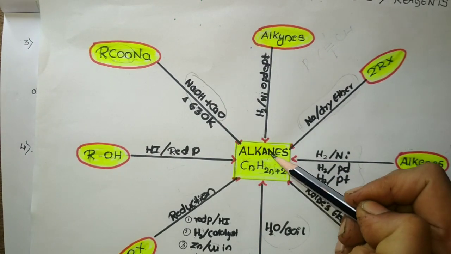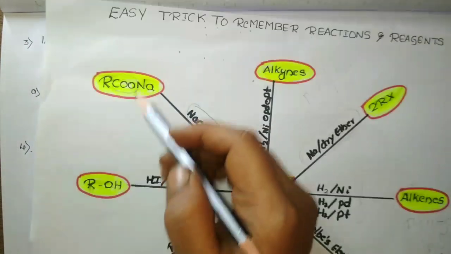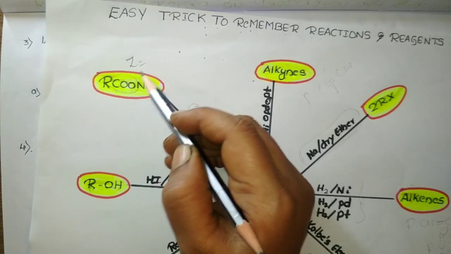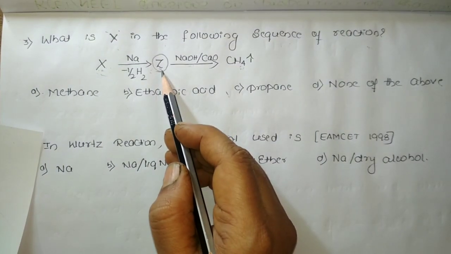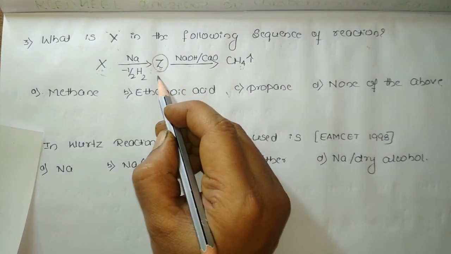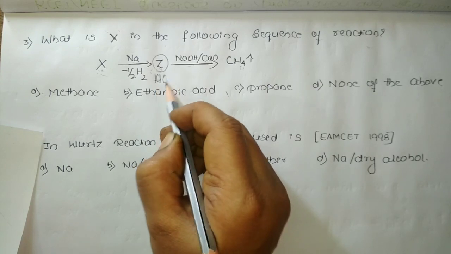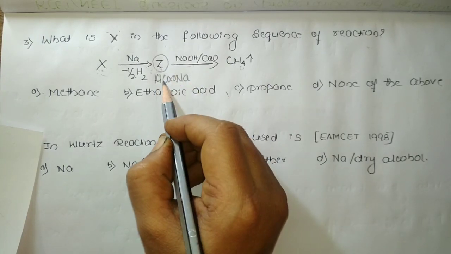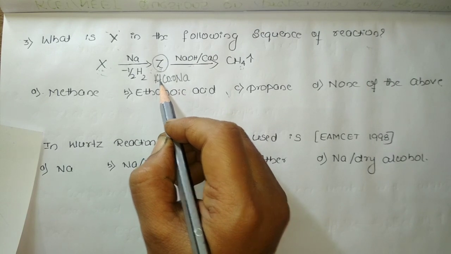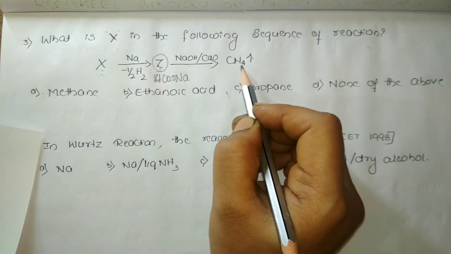Here the alkane is methane, so Z is taken as sodium formate, that is HCOONa. When treated with soda lime it gives methane.